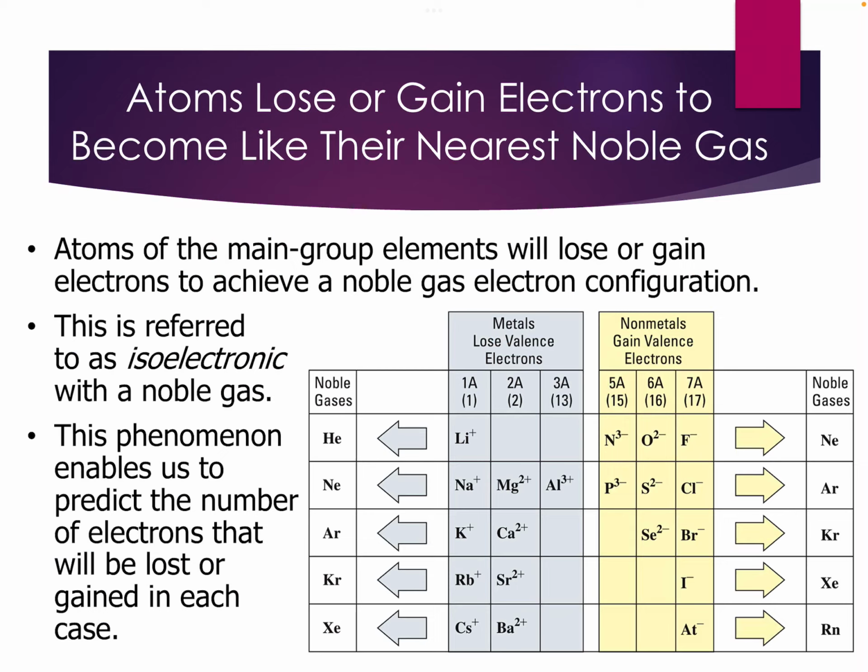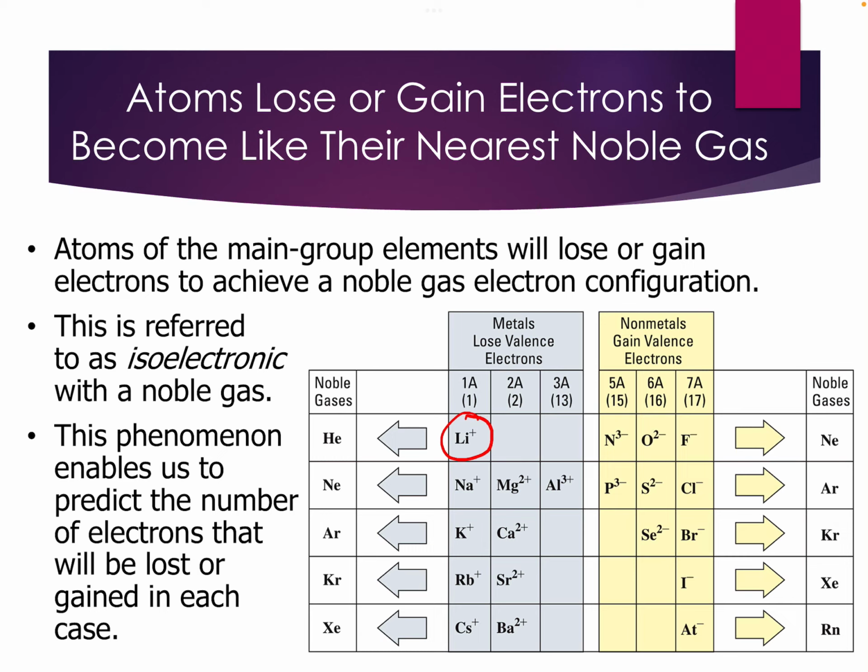All right, so the reason that atoms gain and lose electrons is to become like their nearest noble gas. Okay, so essentially, right, lithium has 1 valence electron, and if it loses 1 electron, it becomes like helium. All of these, right, sodium, magnesium, and aluminum, their nearest noble gas is neon.